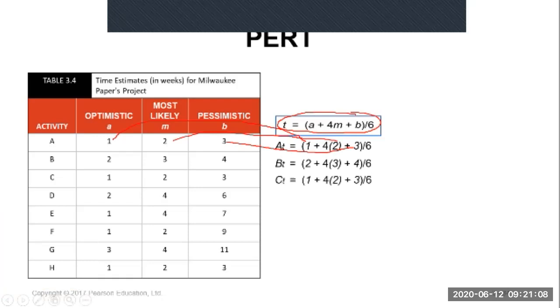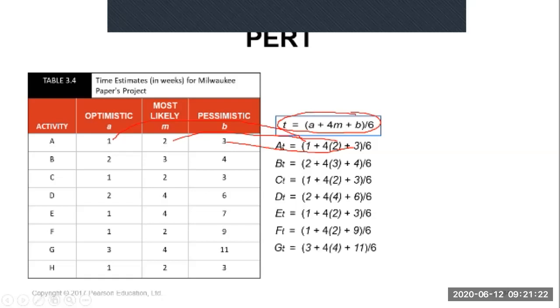Then estimated time for C, D, E, F, G, and H. Can you get the estimated time for each of A, B, C, D, E, F, G, H? Calculate the estimated time.